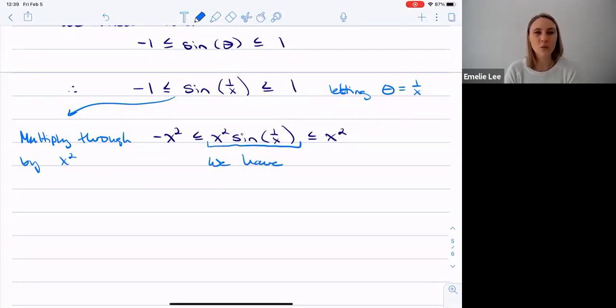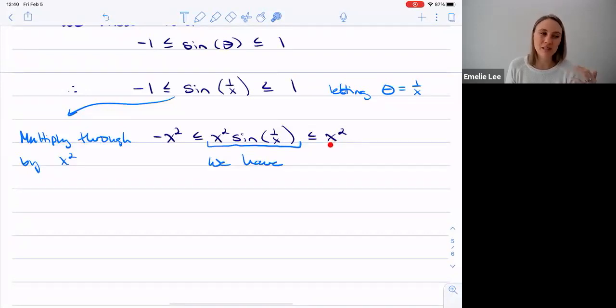Here, we've now built up the function that we're interested in. And following mathematical rules, we've established that this thing is going to be between -x squared and +x squared. These two are easy to find the limits of.